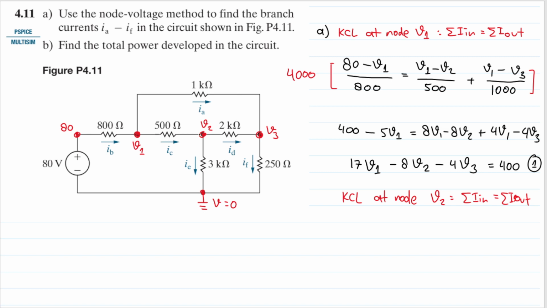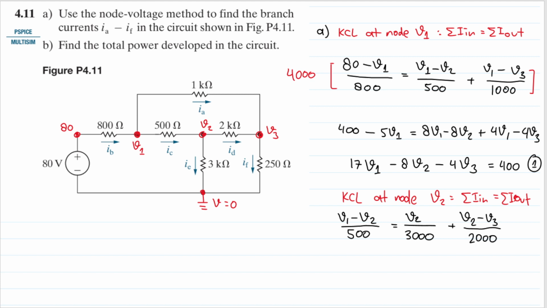We will have V1 minus V2 divided by 500, and that will equal V2 minus 0 divided by 3000, so V2 divided by 3000. And then this one there, so we will have V2 minus V3 divided by 2 kilo ohm, that will be 2000.